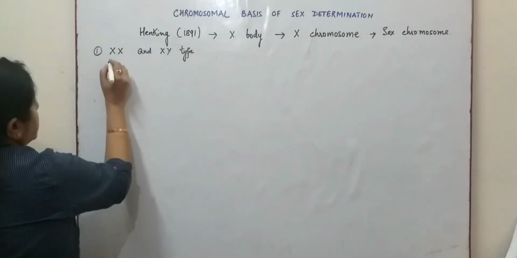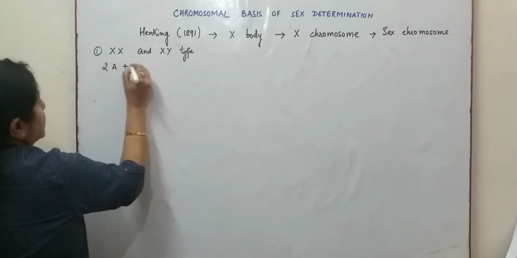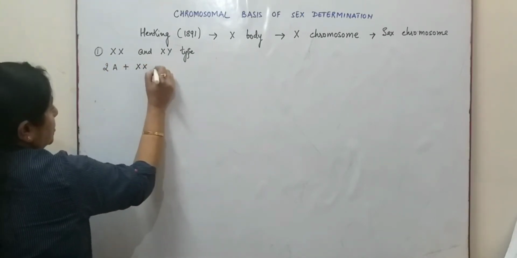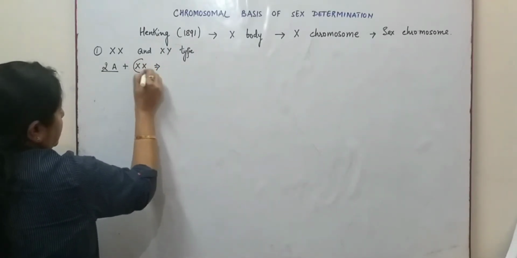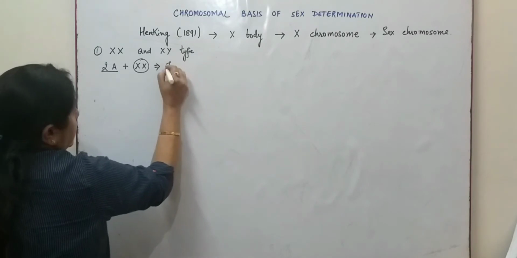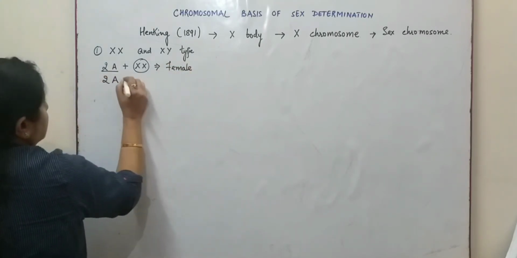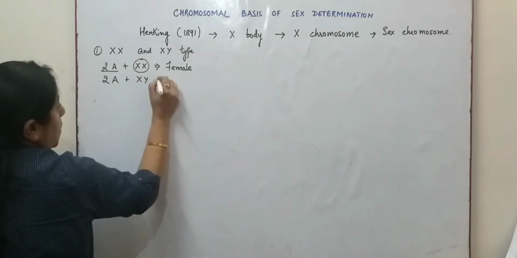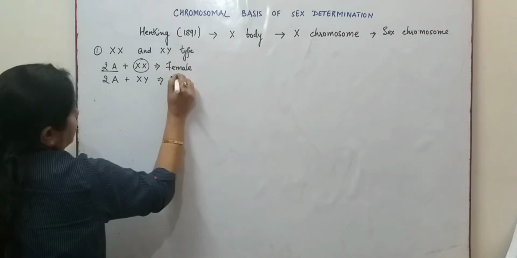Here the female has 2A plus XX. The A's are autosomes, and the X and X are the sex chromosomes of a female, whereas a male is XY.